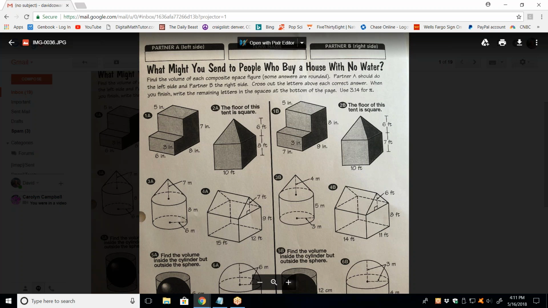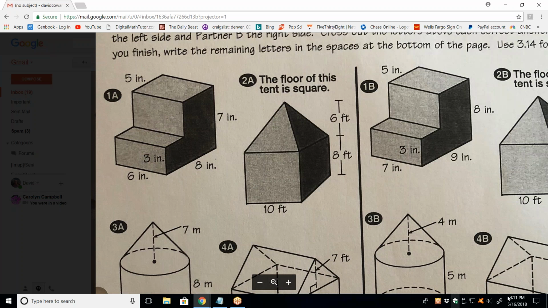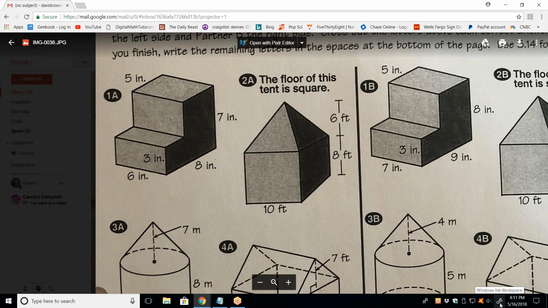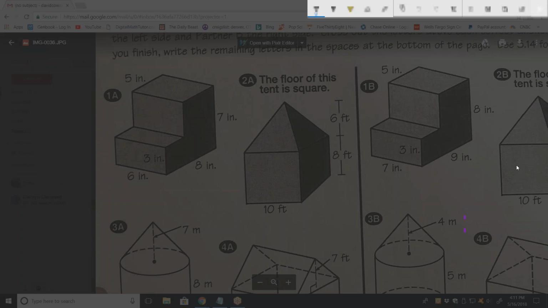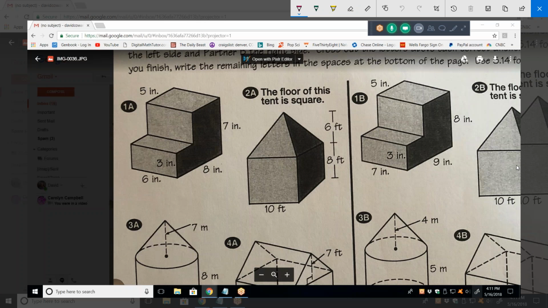Okay. The surface area is every outside area that you can see. In other words, again, we're going to break it up into areas.